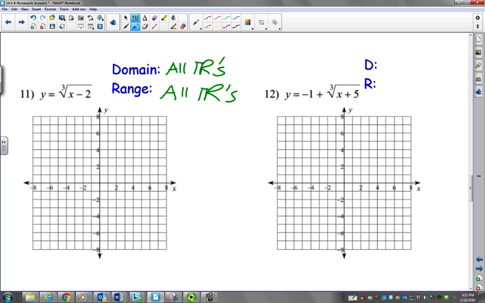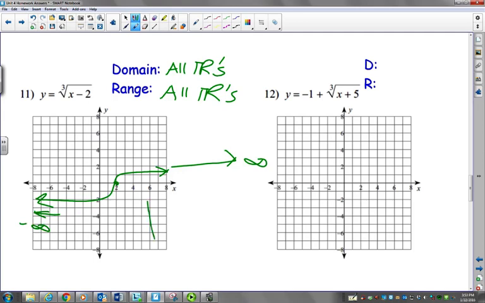And the reason why, for example, this one, you need a positive 2 to make it 0. So it's going to cross at positive 2, 0. And then it'll end up being something like that. Use your calculator to be more exact. But you'll see that it is going to go to positive infinity forever, and it is going to go to negative infinity forever.